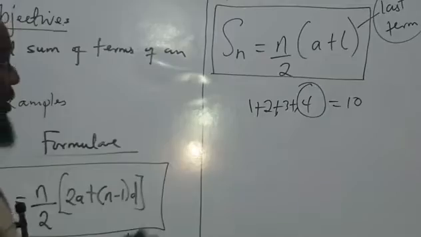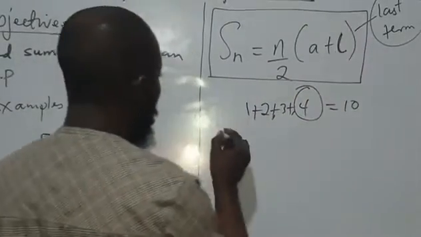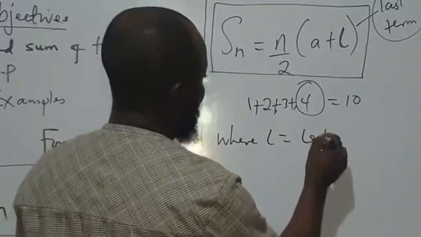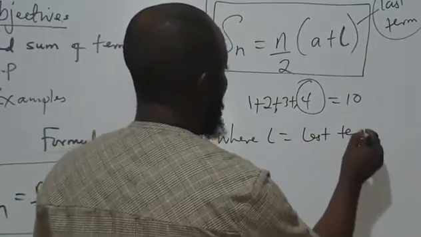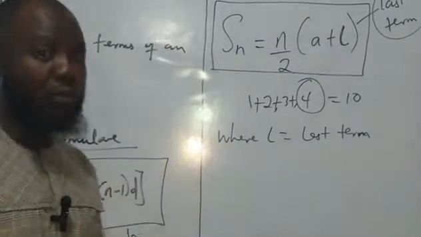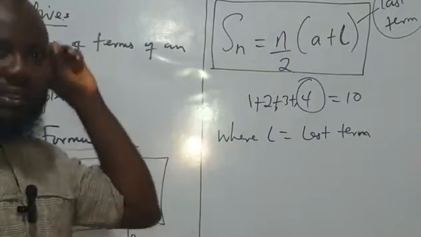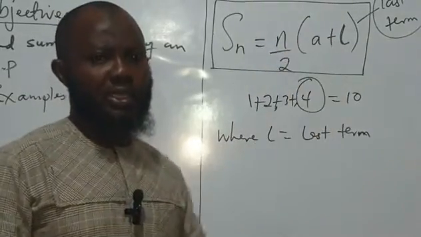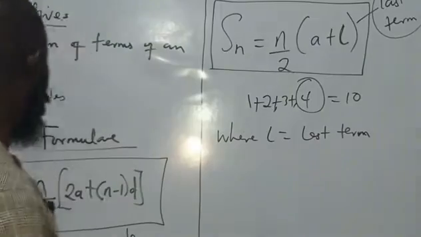Just know that this is the last term, where L is what? Last term. You can use either of the two for any question, but if the question is specifically on the last term, you make use of this formula. Is that clear?